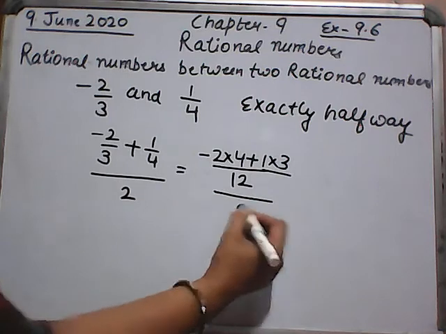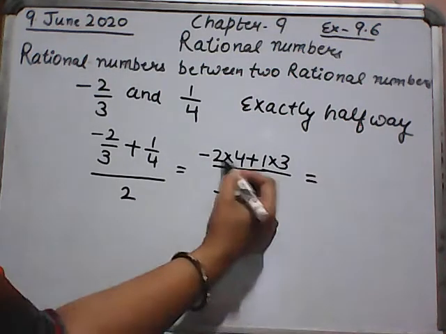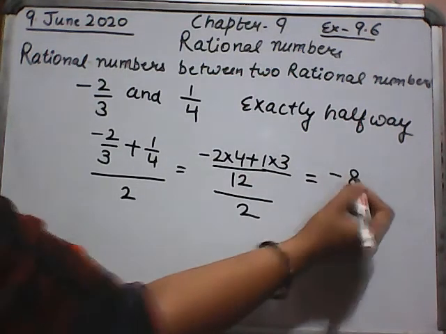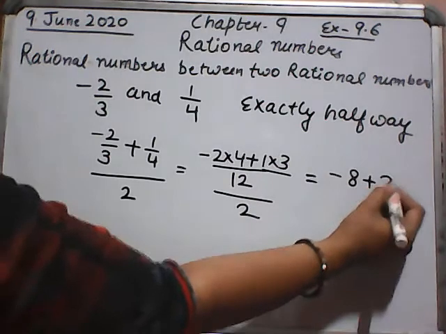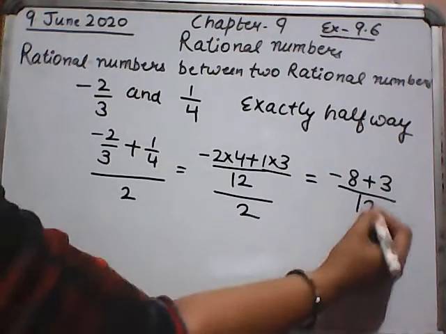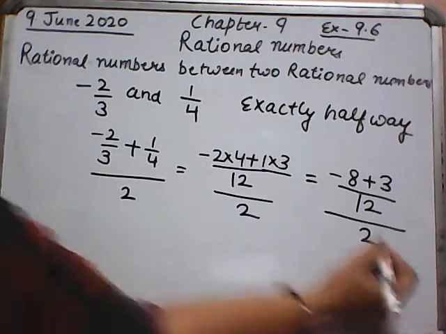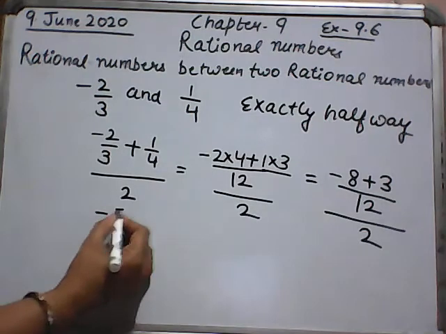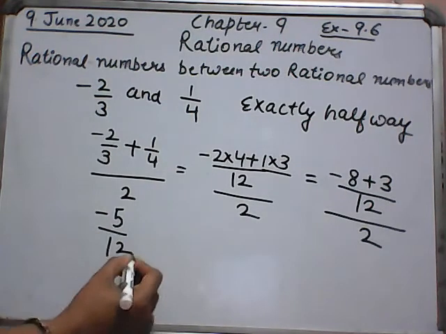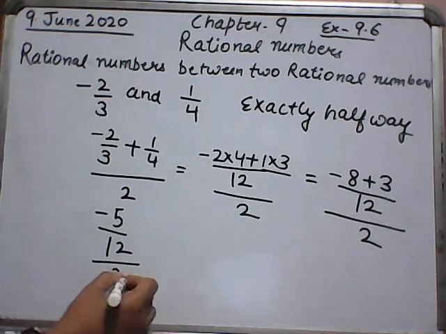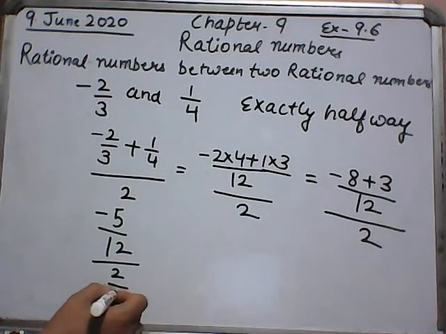Whole divided by 2. Minus 2 fours are minus 8 plus 1 three is 3 whole divided by 12, whole divided by 2. Minus 8 plus 3 is minus 5 by 12 whole divided by 2. This can also be written as 2 by 1.